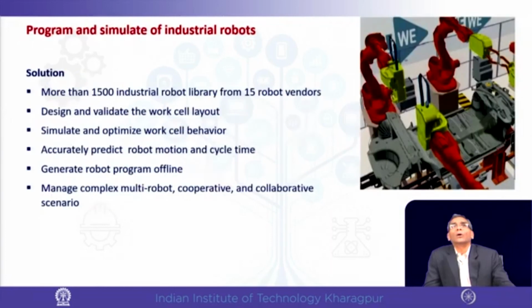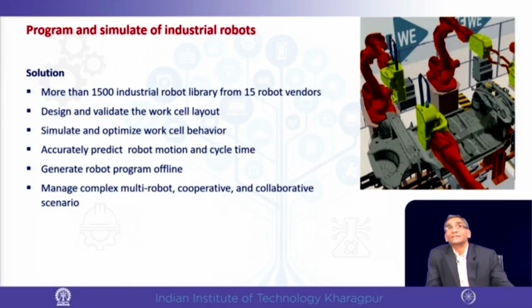I have already said that it is a complex system. So, for example, how a robot would be simulated, etc. There is a library where one can call out of, say, 1500 industrial robots which are manufactured by, say, 15 robot developers or vendors.